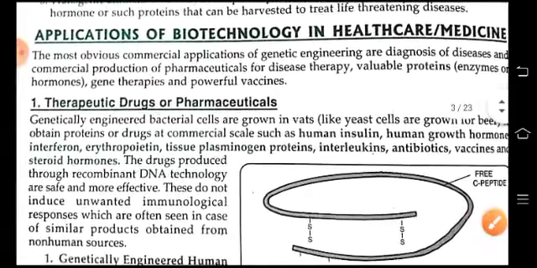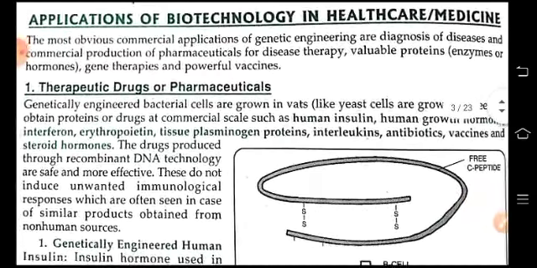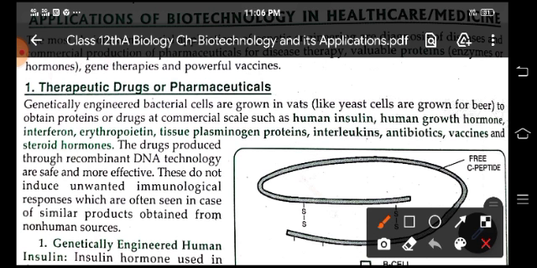So, therapeutic drugs or pharmaceuticals: genetically engineered bacterial cells are grown in vats to obtain proteins or drugs at large scale like human insulin, human growth hormone, interferon, erythropoietin, tissue plasminogen activator, interleukins, antibiotics, vaccines, and steroid hormones.